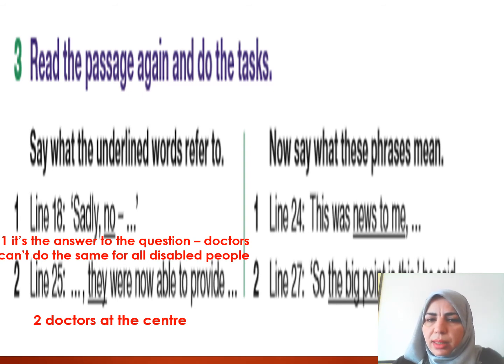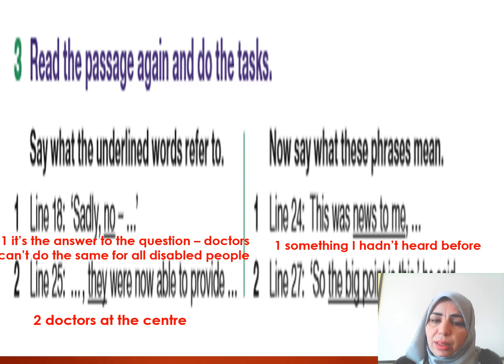Now, say what these phrases mean. Line 25, on the right. This was news to me. Yes, it refers to something I hadn't heard before. Line 27, so the big points in this, he said, yes, it refers to the most important things.